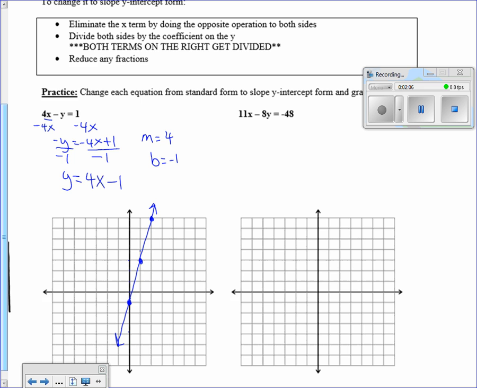I need to move 11x over to the other side, so I need to subtract 11x from both sides. I'll put negative 8y equals negative 11x minus 48. Now we need to get rid of the negative 8.